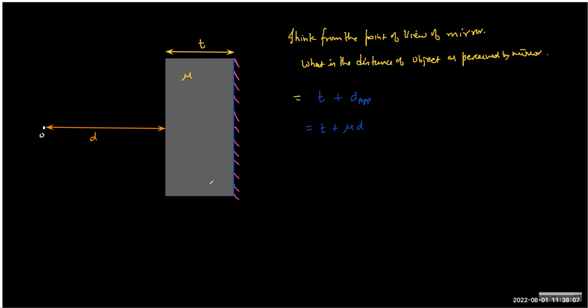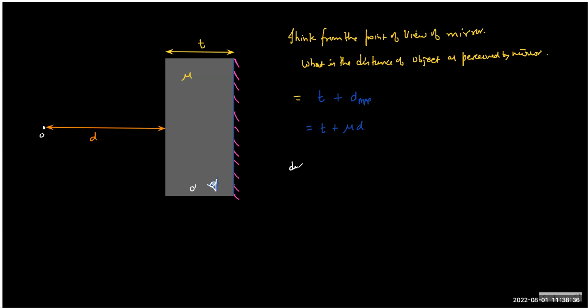Any observer which is part of the mirror frame, it is like a frame of reference. So if I think of some auxiliary observer, O dash, the O dash will look at the object O, which is at a distance t plus mu d away from the mirror.